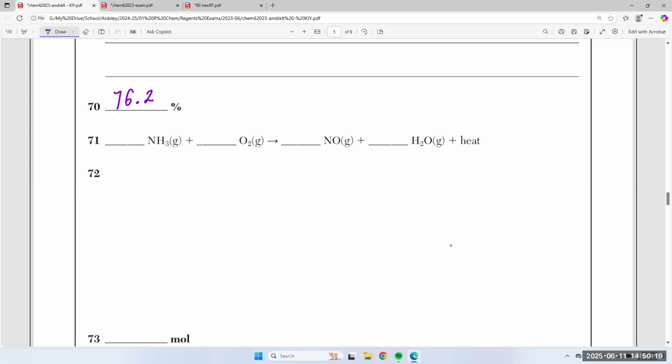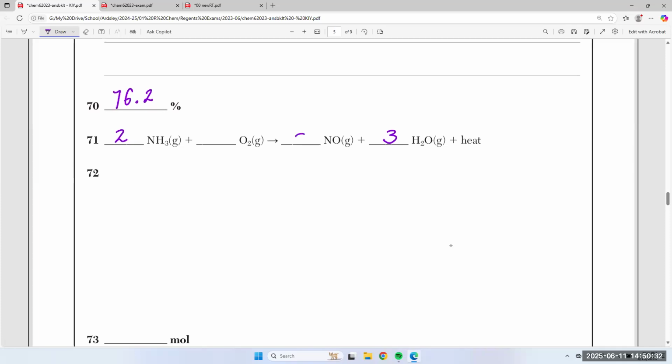You've got 2 here, 3 here. If I put 2 here and 3 here, you're going to have 6 hydrogens on both sides. Now, what's the problem? We changed nitrogen. Now nitrogen is 2, so we have to come back and put a 2 over here. Now let's look at the oxygen, and then we're going to use the O2 to fix everybody.